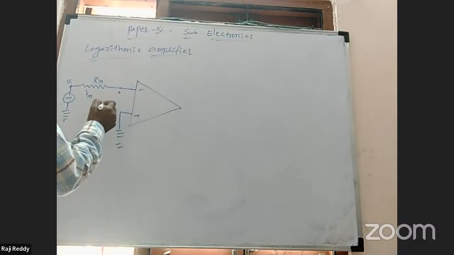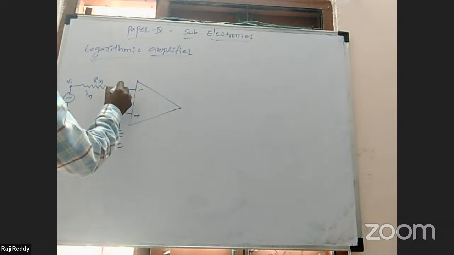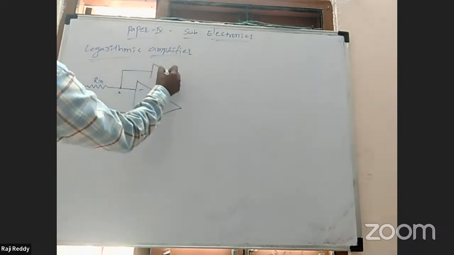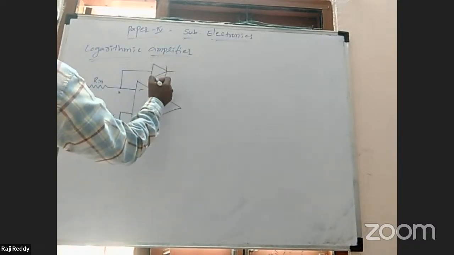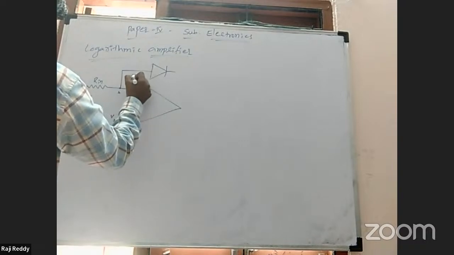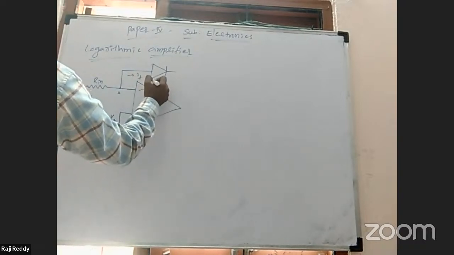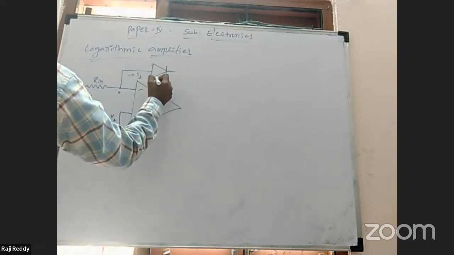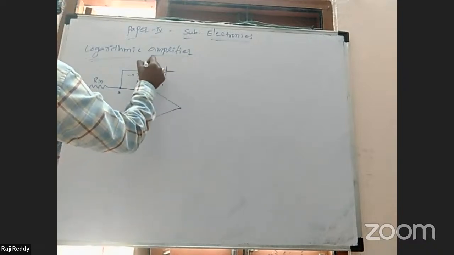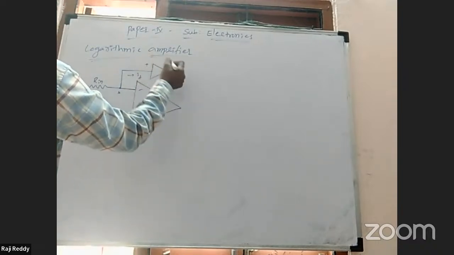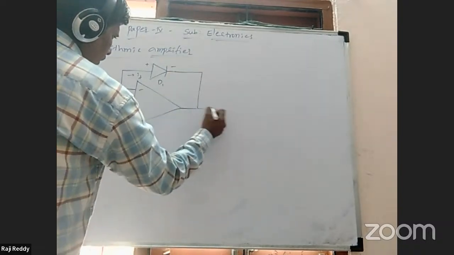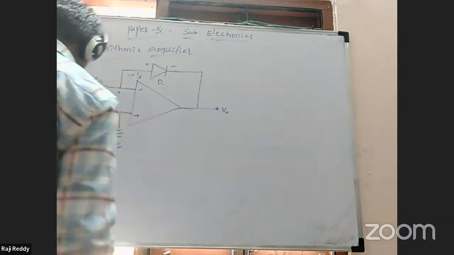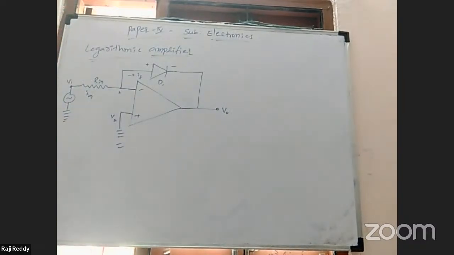At the junction the current splits and goes through the diode. This current is called the feedback current IF. This diode D1 has a positive and negative side, the PN junction, and it is connected to the output. You can do it yourself with practice, then it will be easy.